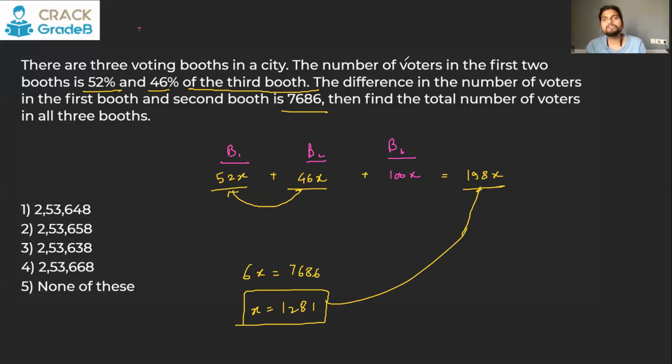Now you can solve this, of course, but one more thing you can now realize is 198 is a multiple of 9 and also 11. We have seen the divisibility rules as a topic. So your answer should also be a multiple of 9 and 11.